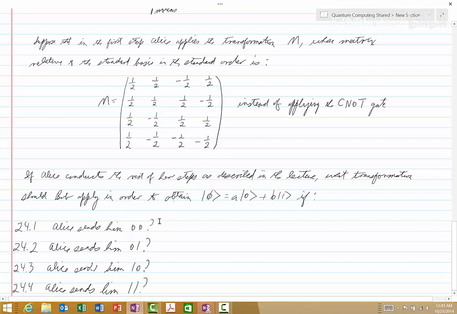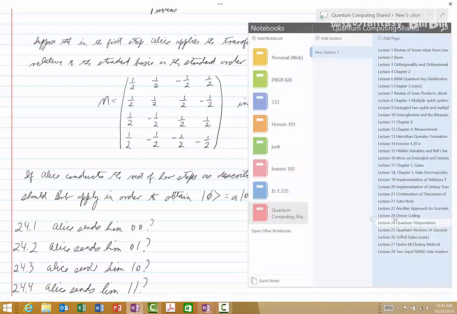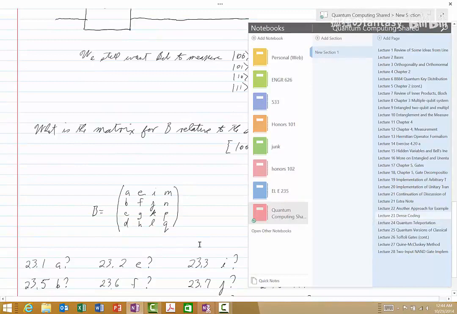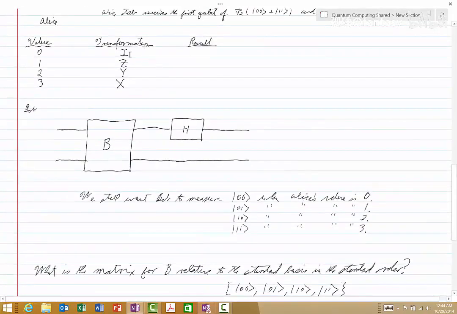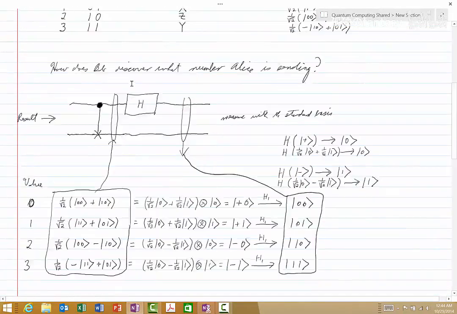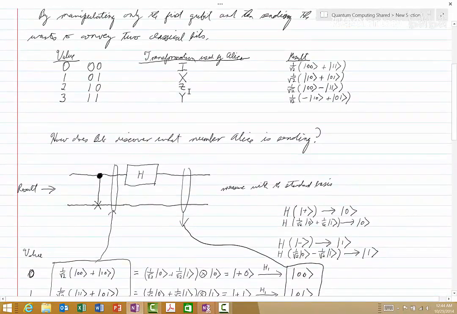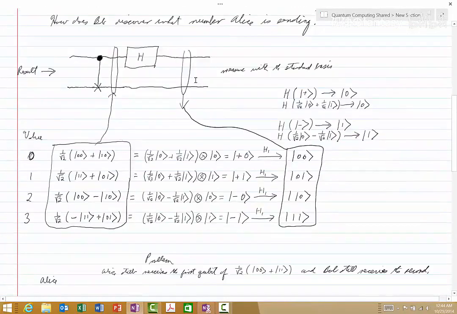And you will remember that the answers here turned out to be exactly these, I, Z, Y, X, instead of what Bob would usually have, which was I, X, Z, Y. So this makes it look even more like the quantum teleportation and dense coding algorithms are inverses of each other.